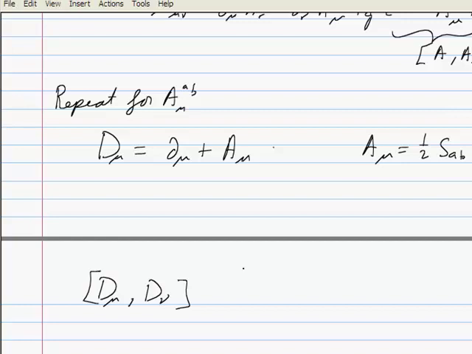That's something. It's going to be proportional to S_AB over 2, from the Dirac piece. It then has two indices that are mu and nu, and it has two indices that are A and B.